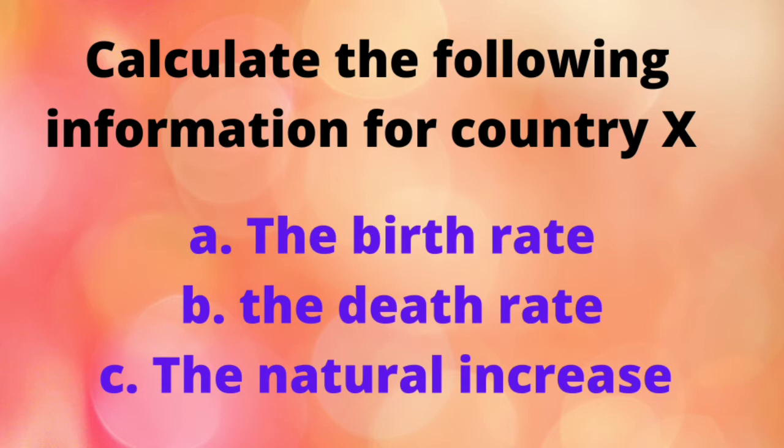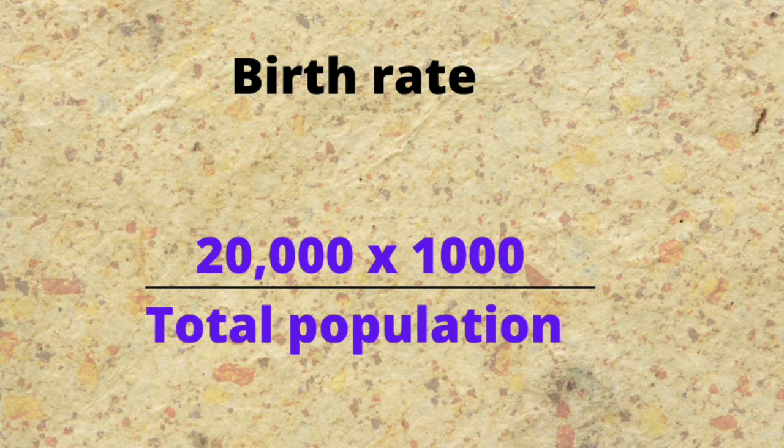Now, our first task is to set out the problem. So we're going to use our formula and take the information from the problem and set it out in mathematical terms, right? So birth rate, first of all.